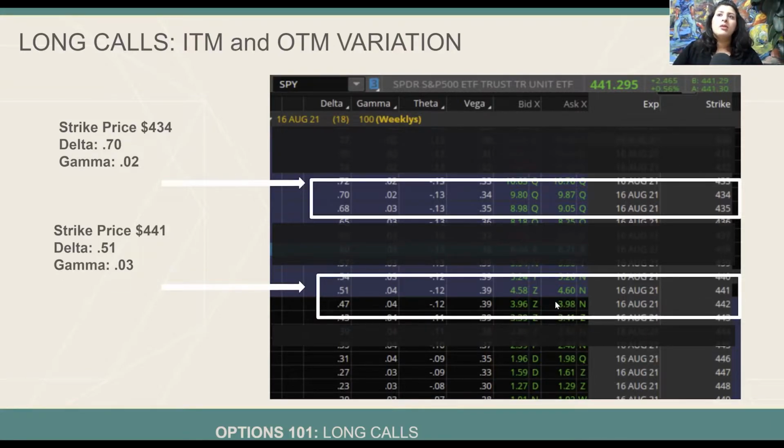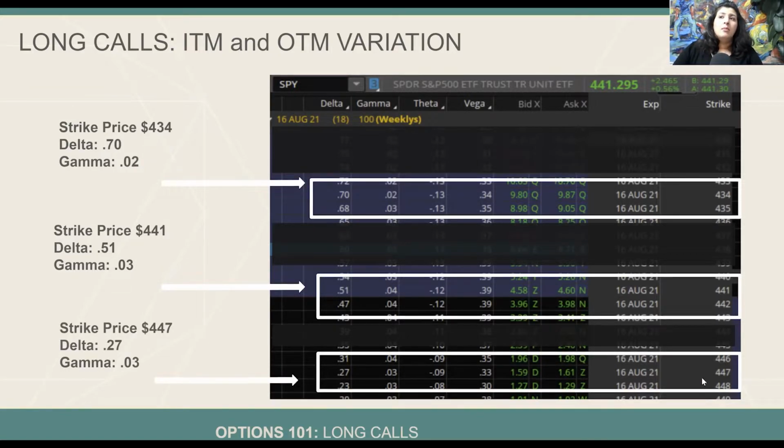But then some people are like, well, I can't really afford to pay $460 for just one contract and only make $1 on the move. So instead, I want to go further out of the money, where one contract is only $160. So the current value of SPY is $440 here, and you're getting your strike price at $445.